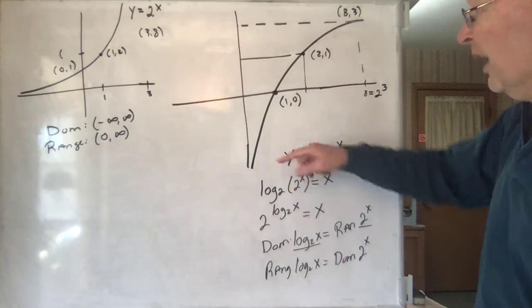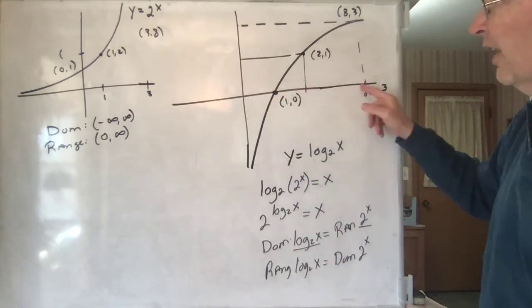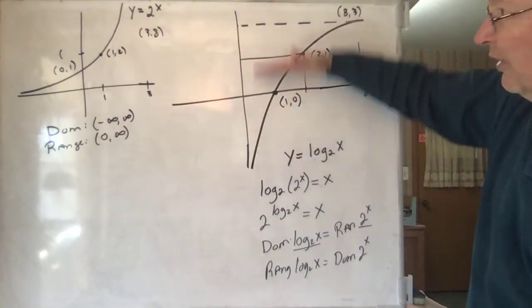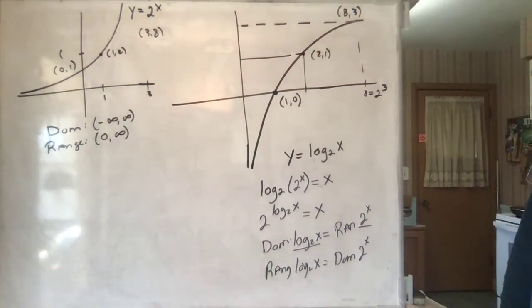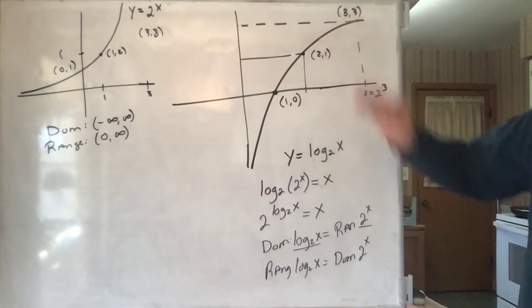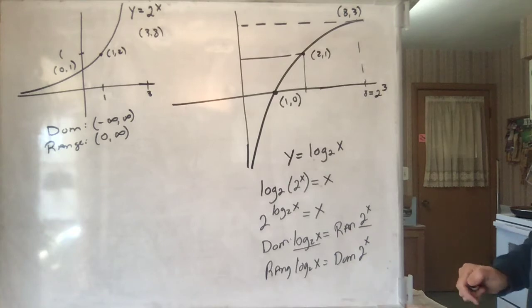Notice the domain of this one is all the positive values, and that was the range of the exponential, and the range of this one is everything, and that was the domain of the exponential. So they undo each other like that. That's true for 2 to the x. It would be true for 3 to the x, 10 to the x. All those functions have very similar ideas.